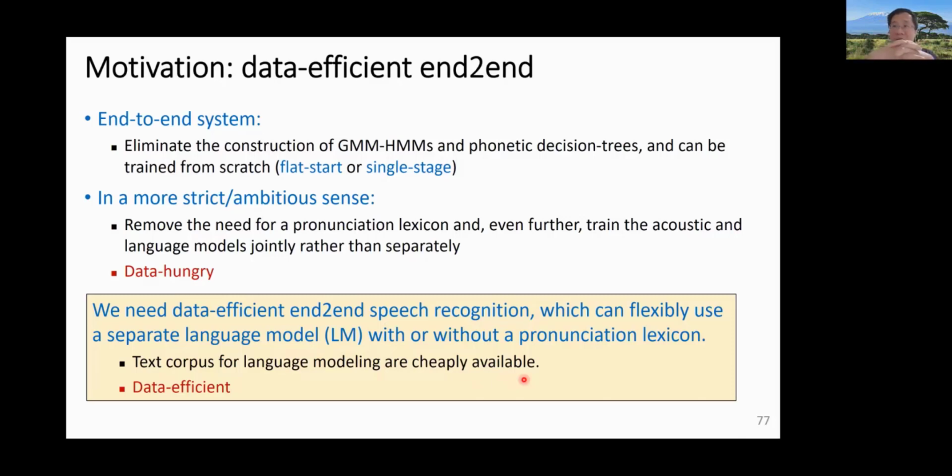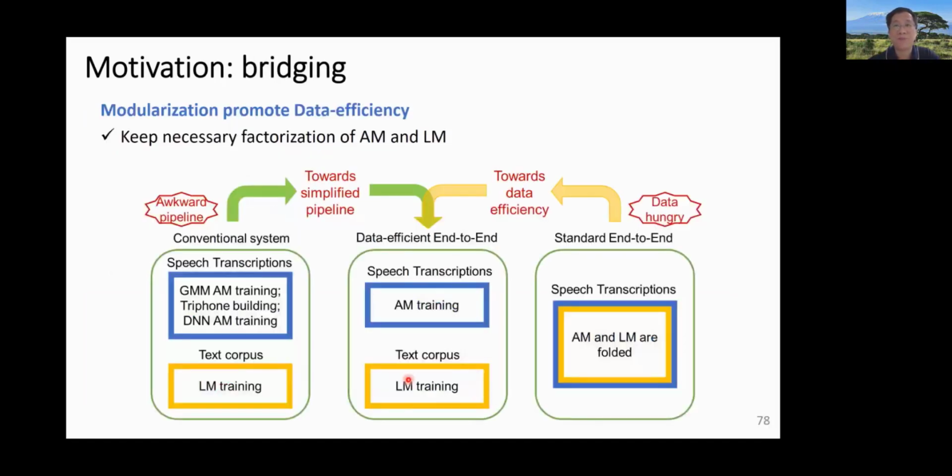And if we have lexicon knowledge, why not use it? In this way, we can achieve data efficiency. The technical idea is to keep necessary factorization of AM and LM, since modularization promotes data efficiency.